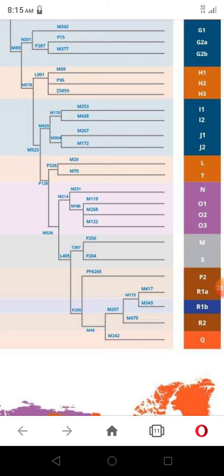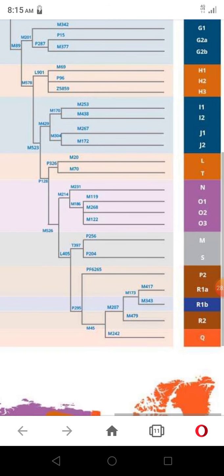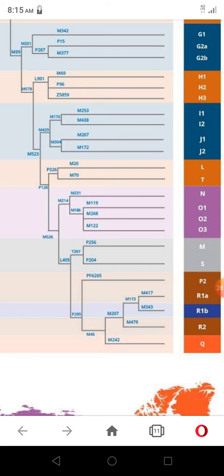And so in this grouping of G to T to R to Q, all these groups of people have the ability to have the mutation, the whole concept of creating different skin complexion.